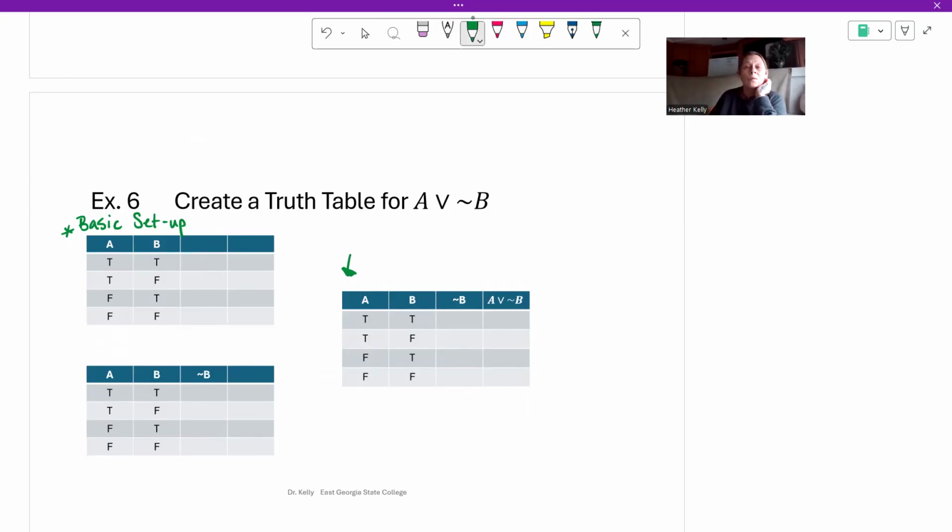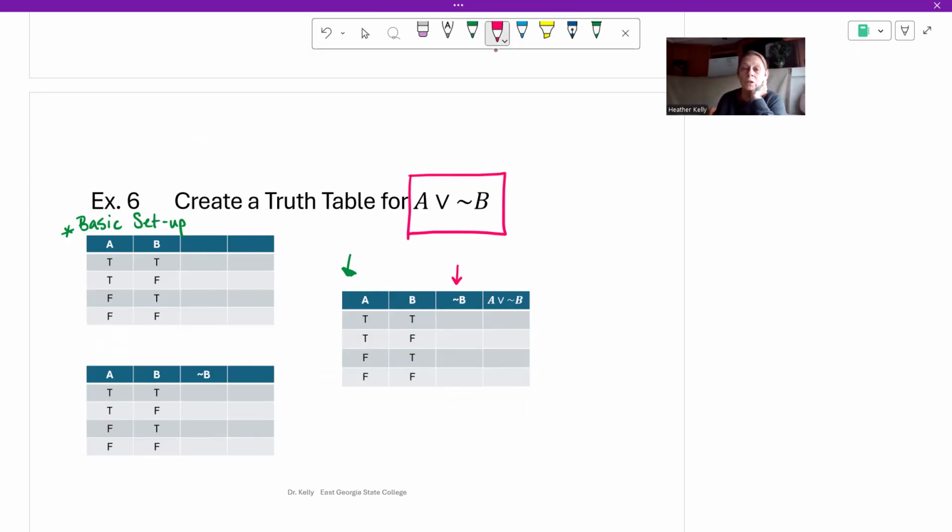Now, this particular question is asking us to find A or not B. And for us to find A or not B, we need to figure out what not B is. So sometimes you have to do other pieces before you can put it together.